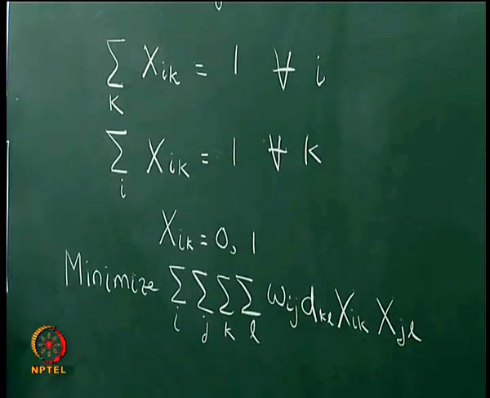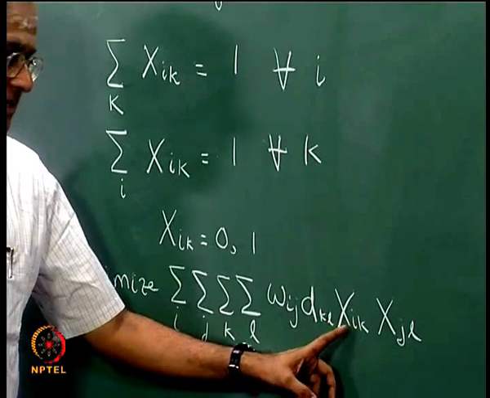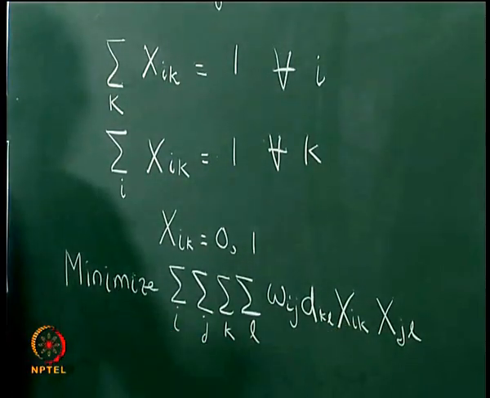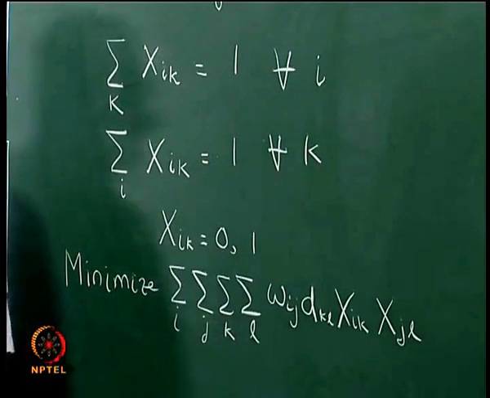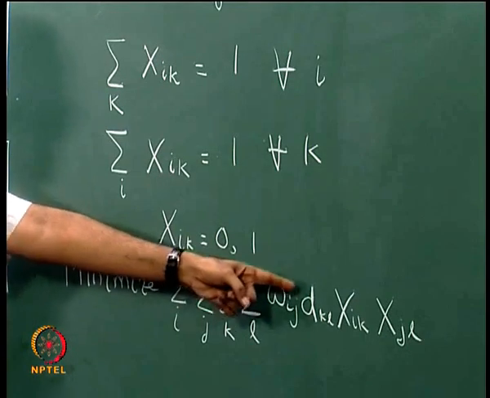The most important thing about this objective function is that it has a product of two variables x_ik, x_jl summed over all possibilities. So, this objective is not linear because it has a product term.